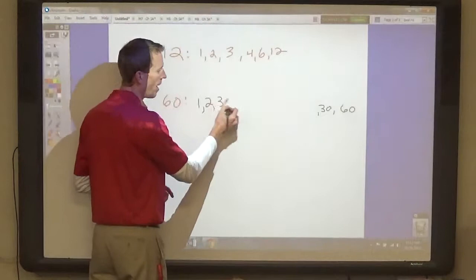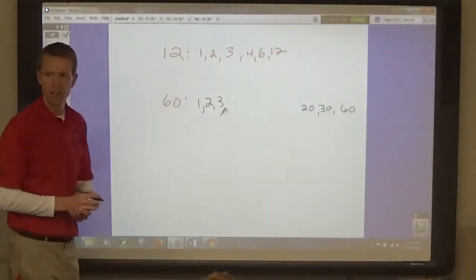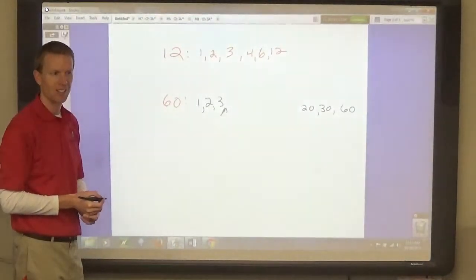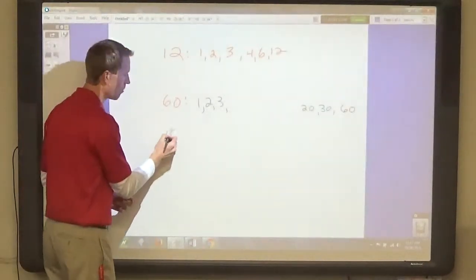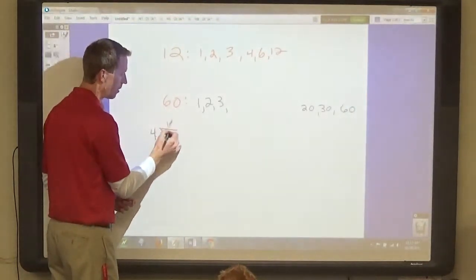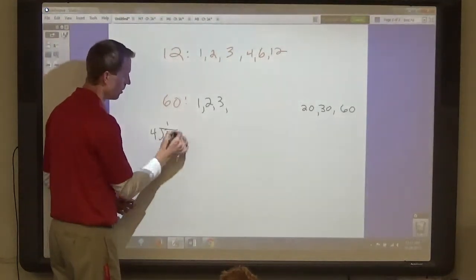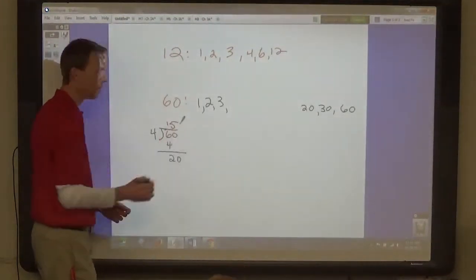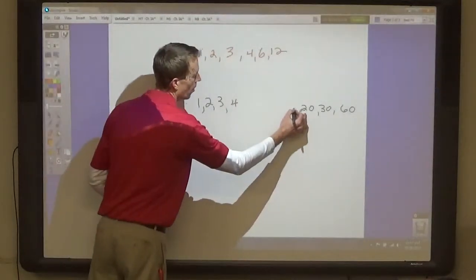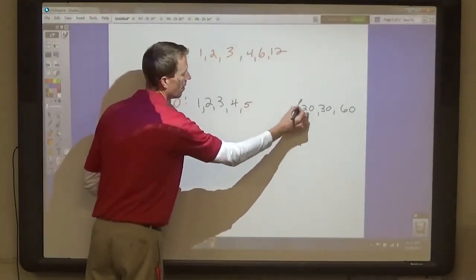Yeah. 3 and 20. 4. 60 divided by 4? 4 goes into 6 once, remainder 2. Yep, 4 and 15, right?